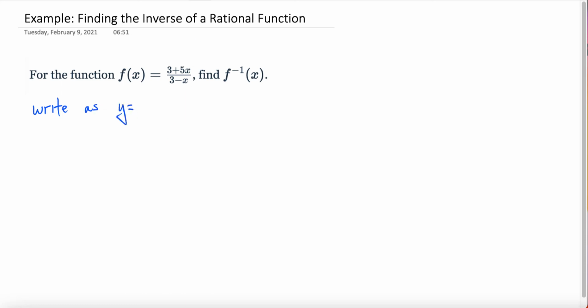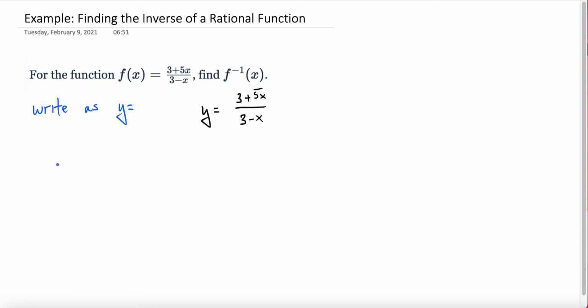I'm going to replace the f of x with y. So y equals 3 plus 5x over 3 minus x. That just makes it easier to work with, right? We don't have to keep rewriting f of x. That's really the only reason we do that.